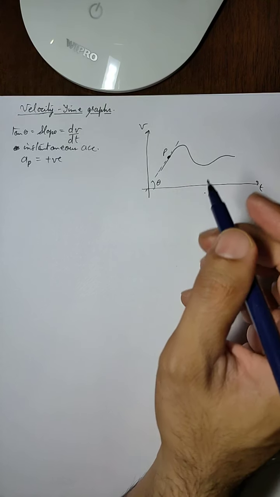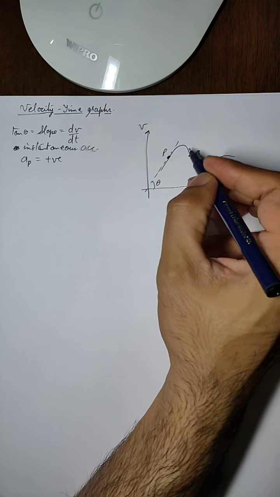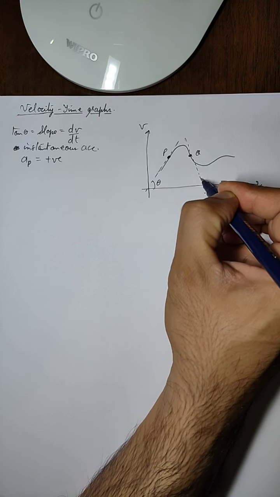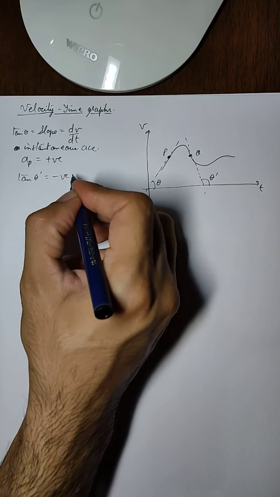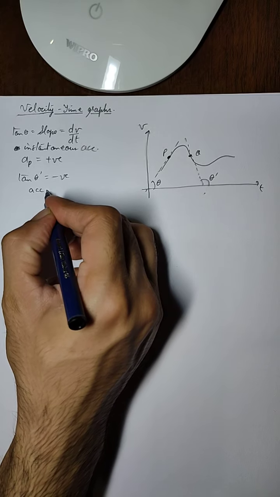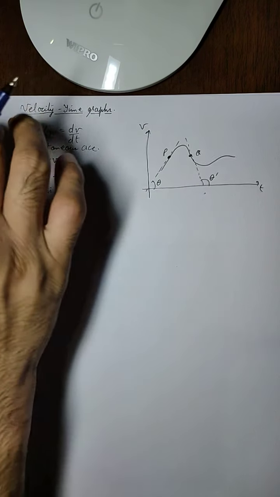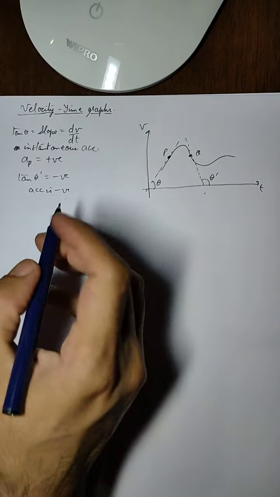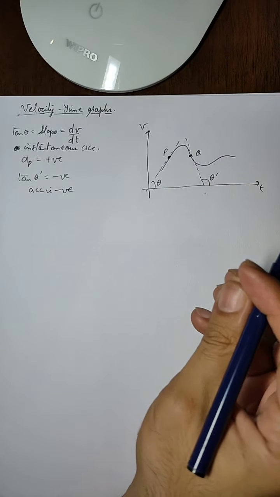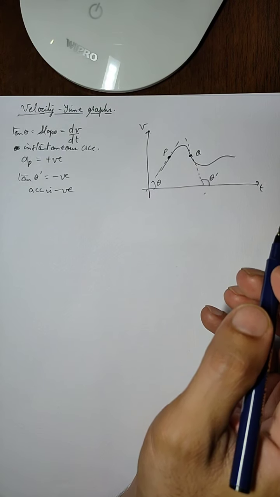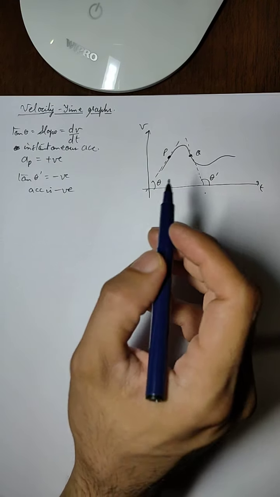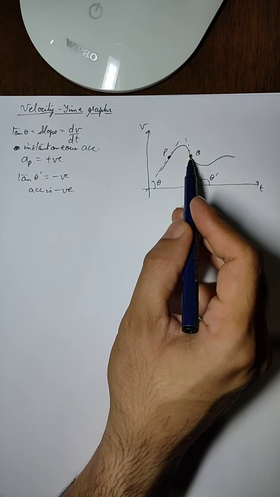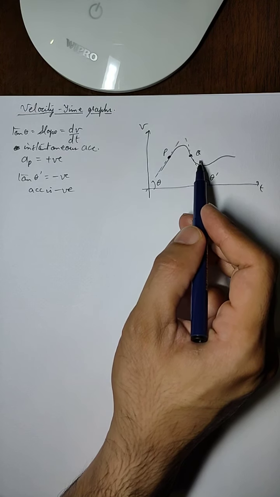But if we take another point Q and make a tangent, then tan theta dash will be negative, hence we can say that since the slope is negative, acceleration is also negative. So there will be retardation at point Q, or the velocity will decrease.